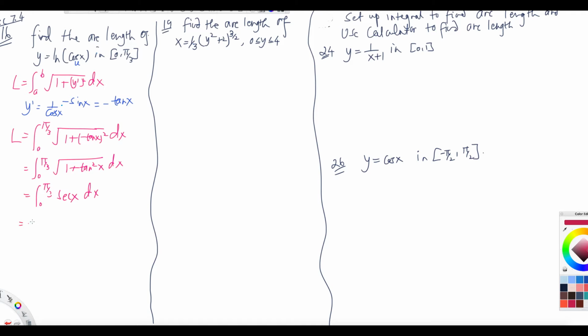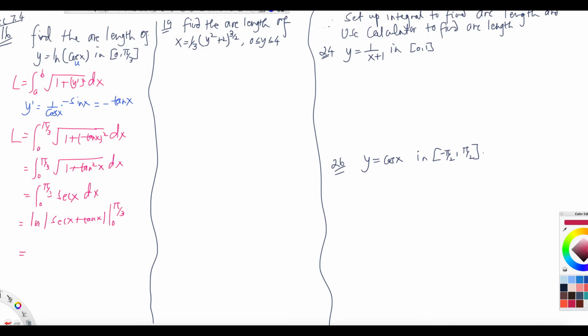Now what is the integral of secant x? We know that, right? It is natural log of secant x plus tangent x, plus c, but you don't need plus c because it is from 0 to pi over 3. So how much would that be?